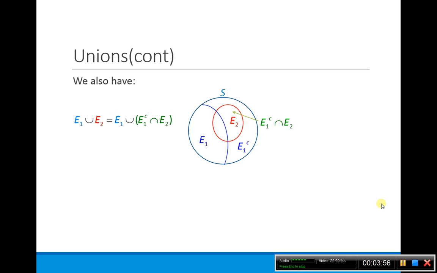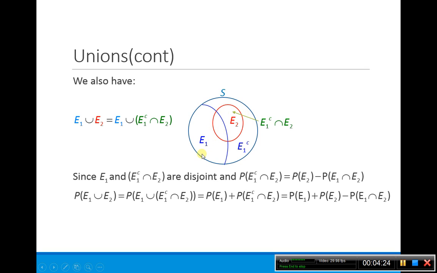Okay, so let's see what else we also have. If we look at the union between E1 and E2, this is E1, this is E2, so their union is going to be this part plus this part. Well, it's simply E1 union this part that was not in E1, which was our E2 intersect E1 complement.